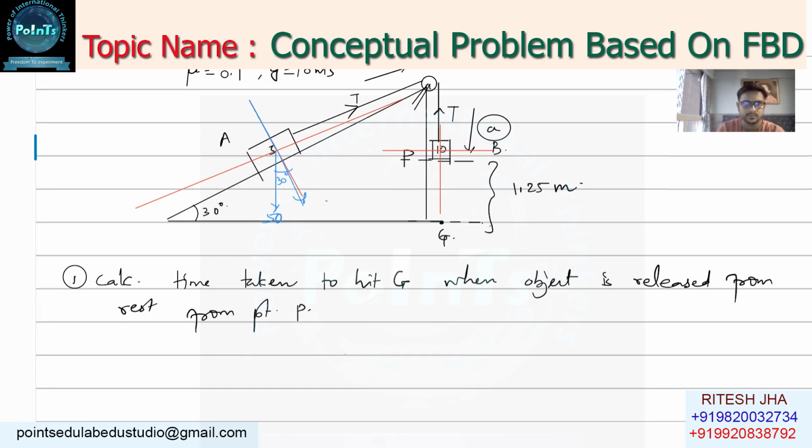Ft is also equal to the weight of the other thing, which is 10g. We know that m is 5 here, so mg of sine theta plus mu cos theta is equal to 10g, where m is 5.